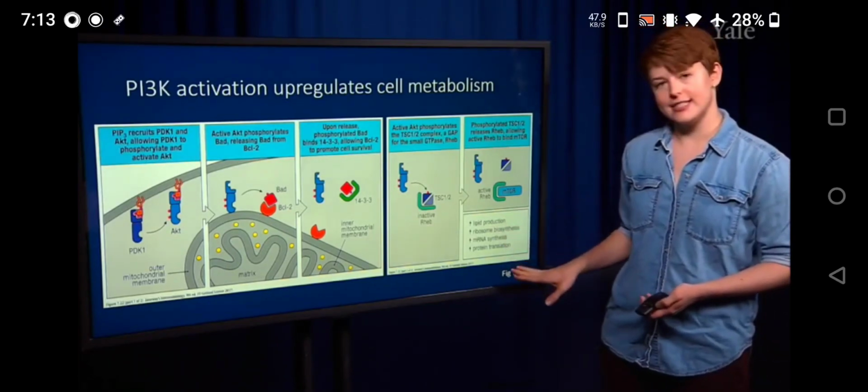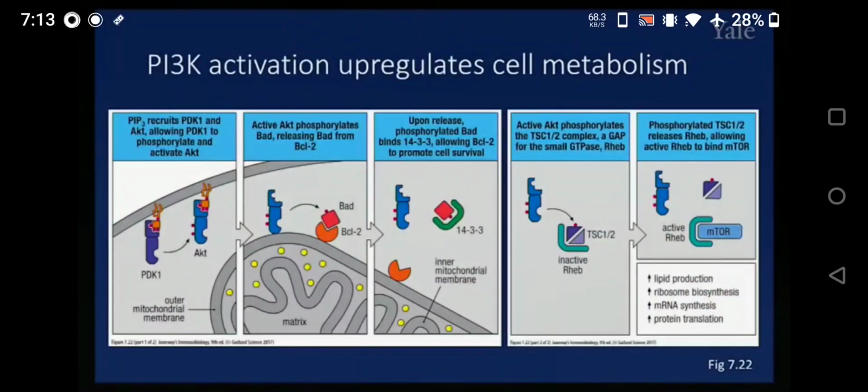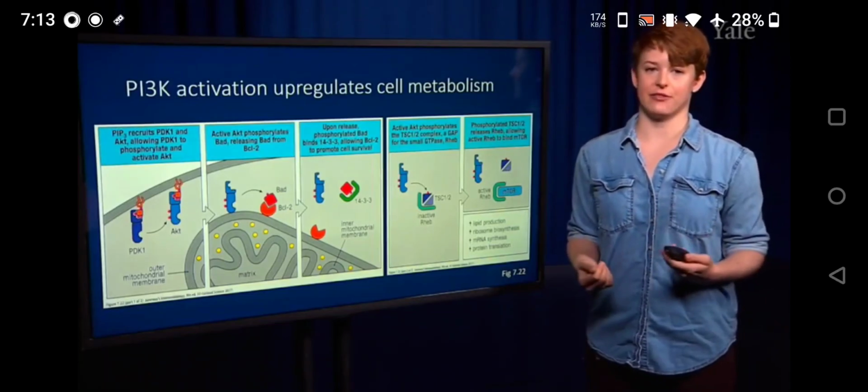You can see here some of those effects. There's an increase in lipid production, increased protein synthesis. We also have more mRNA and protein translation. You can see here, again, that branching off from the IP3.